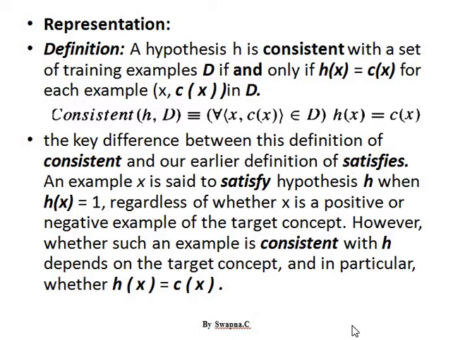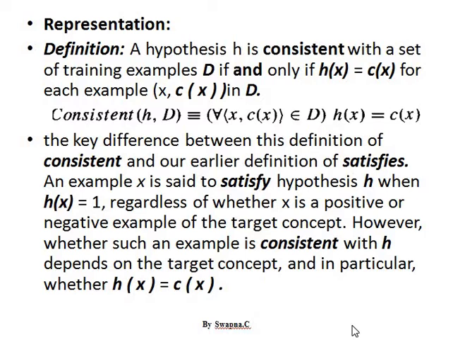In this, x is the instance of the training example and c(x) is the target concept of the training example, and these belong to the training examples D, if and only if h(x) equals c(x). Here h(x) is the output of the hypothesis and c(x) is the target concept of the instance. So here they use the word consistent.